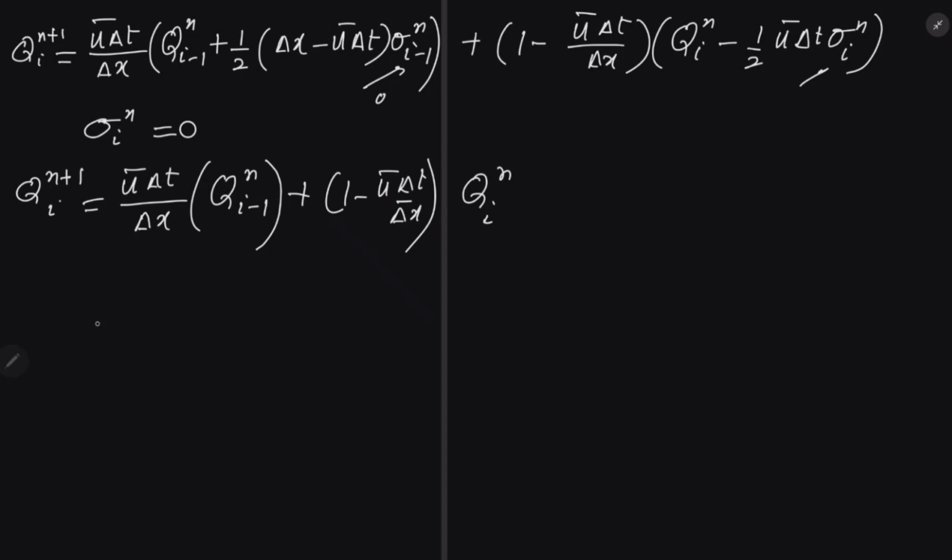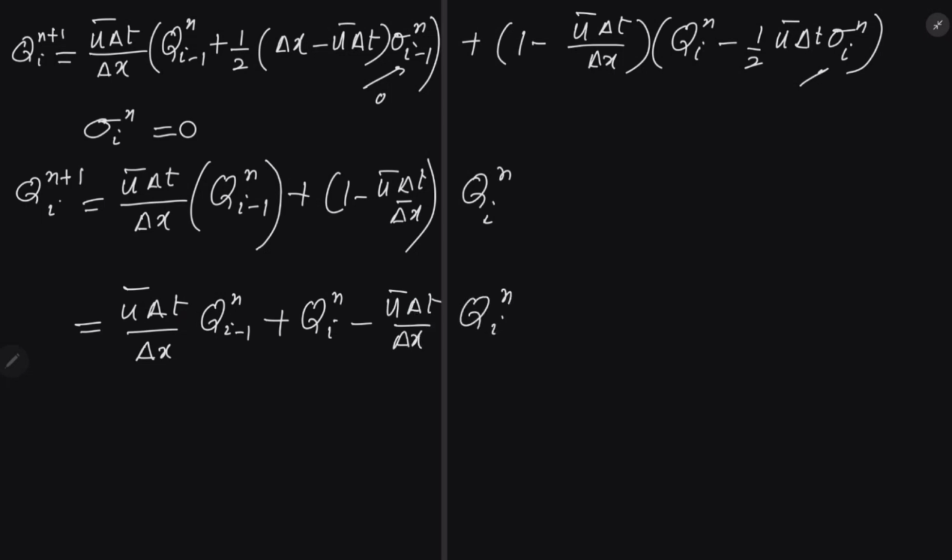So when we solve that, u bar Δt/Δx Q_{i-1}^n plus Q_i^n minus u bar Δt/Δx Q_i^n. Okay, this is fine.